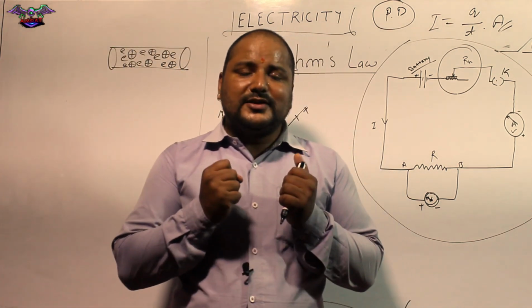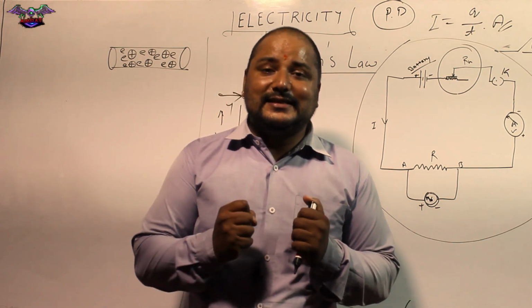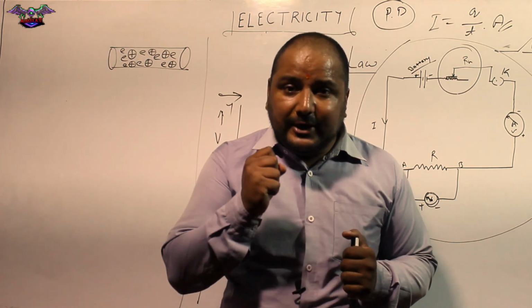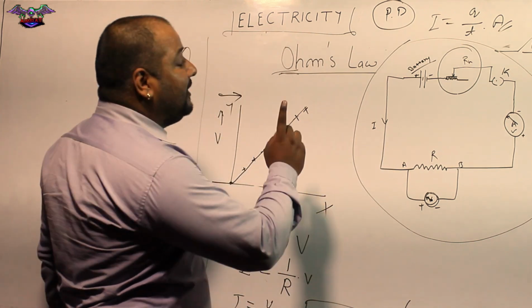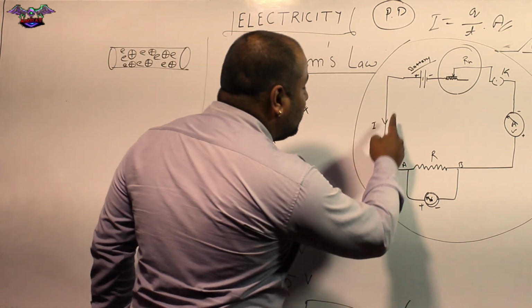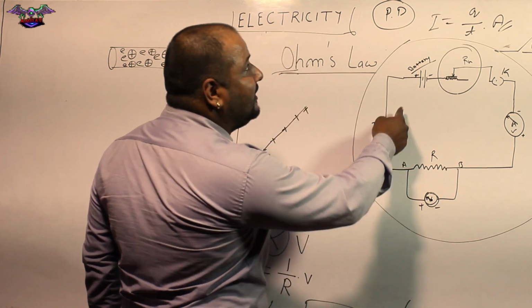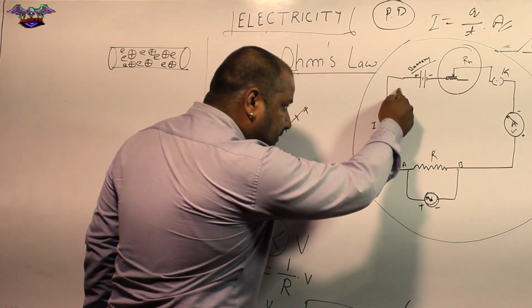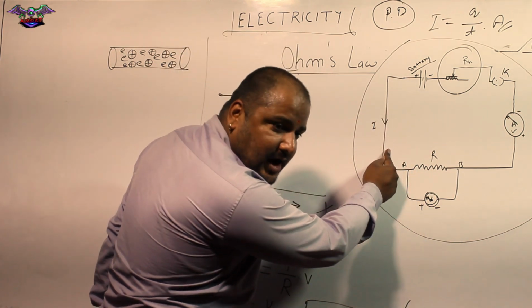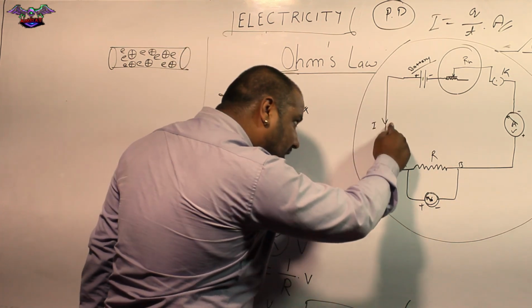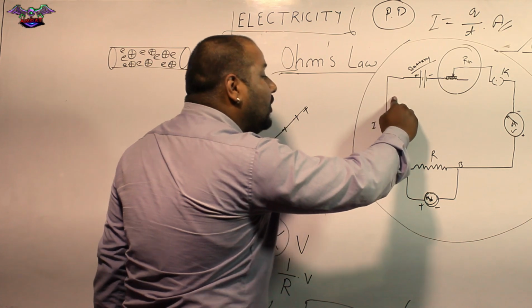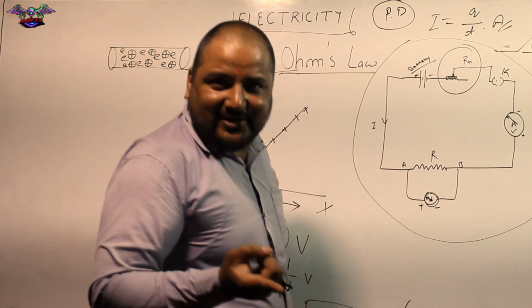So what is resistance? Resistance is the ability to resist the electrons, which means the ability to resist the charge, and the ability to resist the charge means the ability to resist the current.